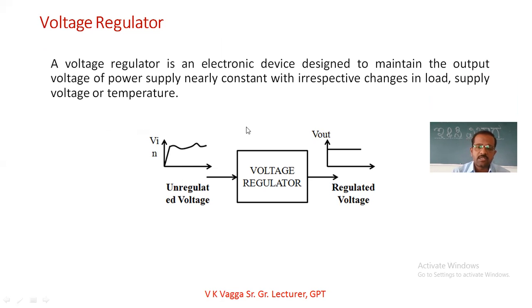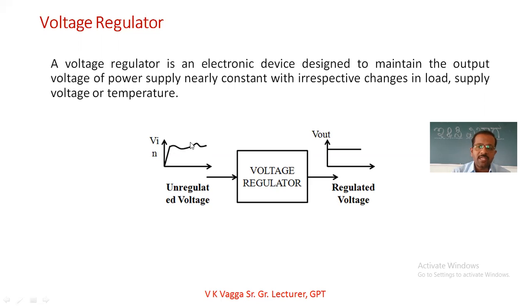Consider that this block is acting as a voltage regulator. The input is an unregulated voltage, so it has variations. Whatever the DC voltage is, it has some amount of ripples or variations.